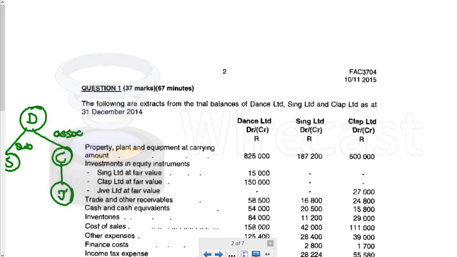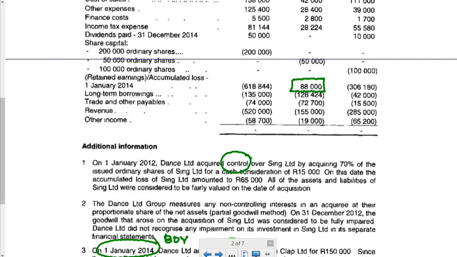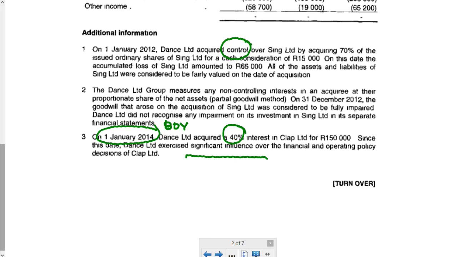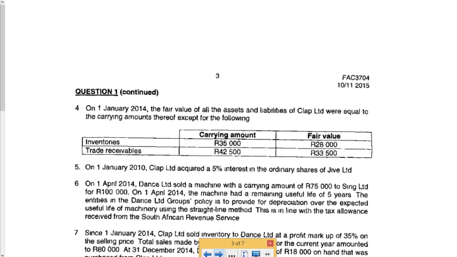Let's see if they say anything about those investments in the other one. Clap acquired a 5% interest in Jive. So it's just an investment, isn't it? But it was long ago, so on acquisition there would have been that investment and perhaps a mark-to-market.